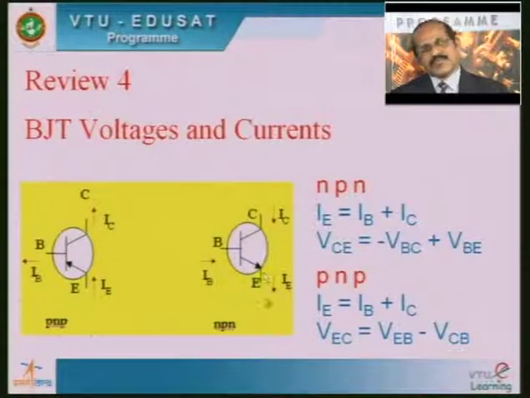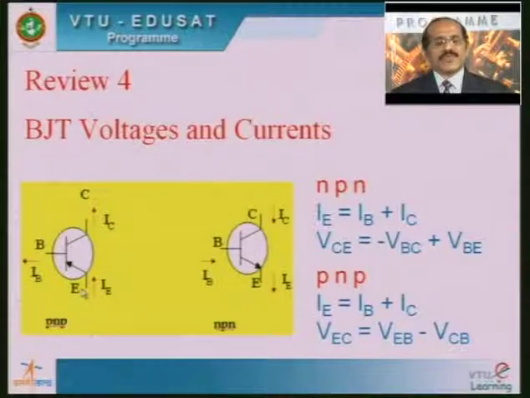Therefore this terminal is called the emitter, and you should always note that this arrow will be towards the N layer. In this PNP transistor, the emitter is P, the base is N and the collector is P. Therefore the emitter current will be from the emitter to the base, that is towards the N region.